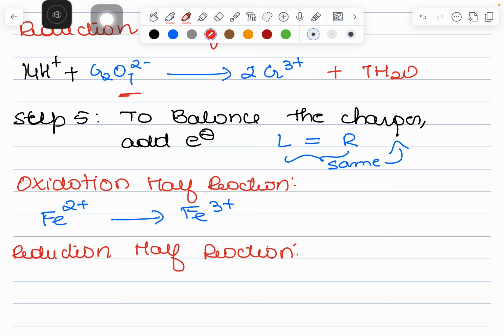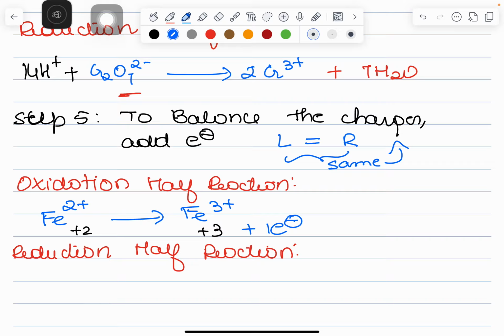Here we have a +2 charge, here we have a +3 charge. These charges must be equal on both sides of the arrow. So how do we equalize this? Just add 1 electron.